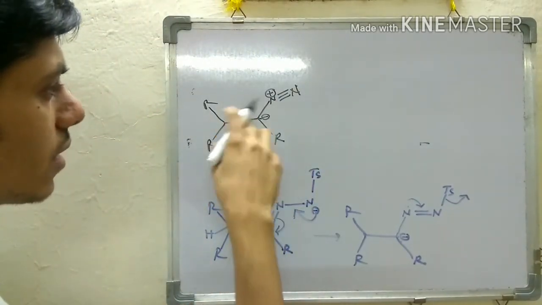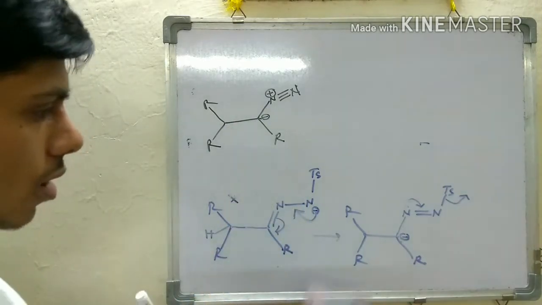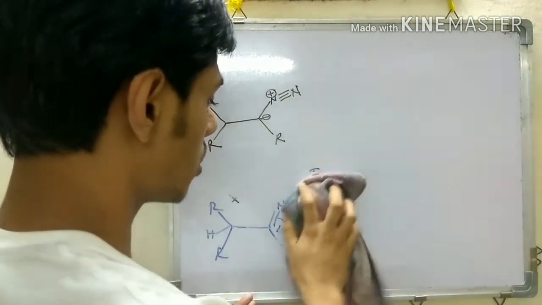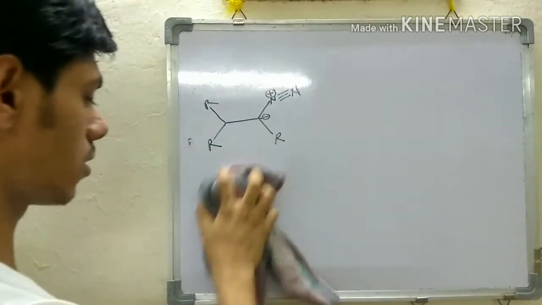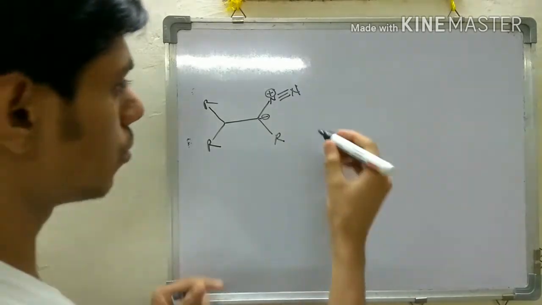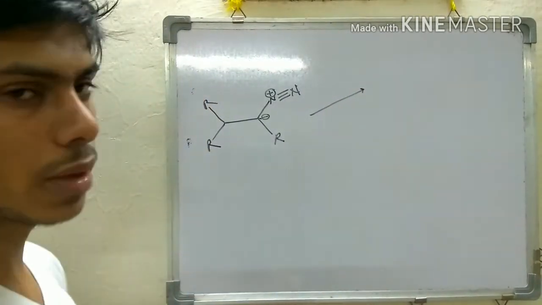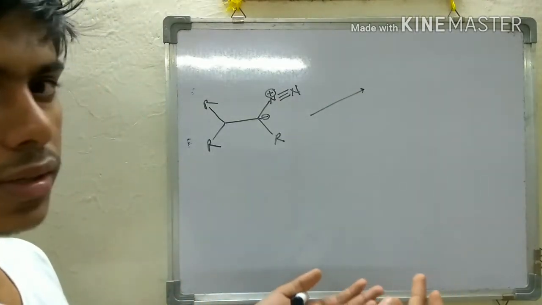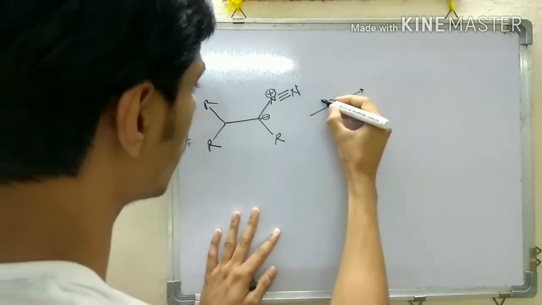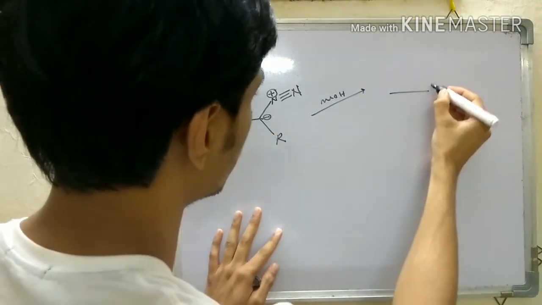Now this is an intermediate in the Bamford-Stevens reaction, and the reaction can be done in protic solvent or in aprotic solvent. If you do the reaction in protic solvent, like sodium methoxide in methanol, then methanol is a protic solvent. So in protic solvent, what will happen? This negative charge will be protonated.